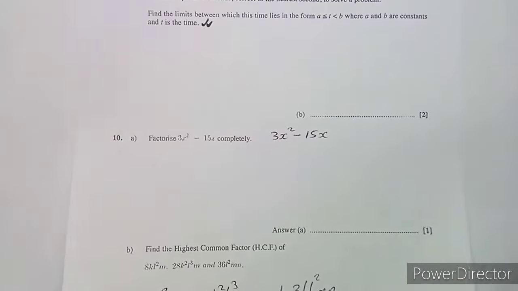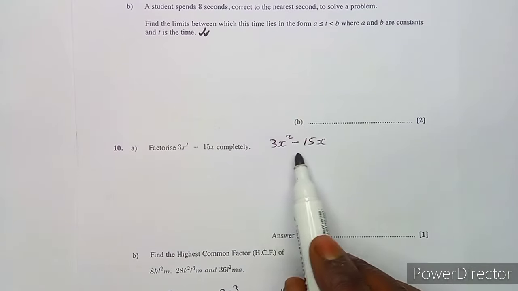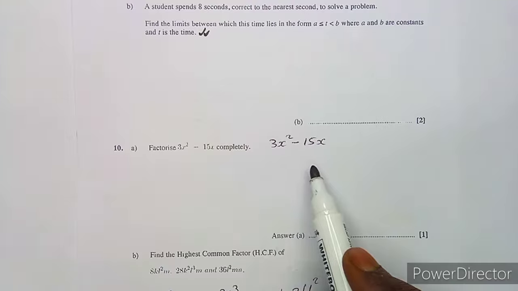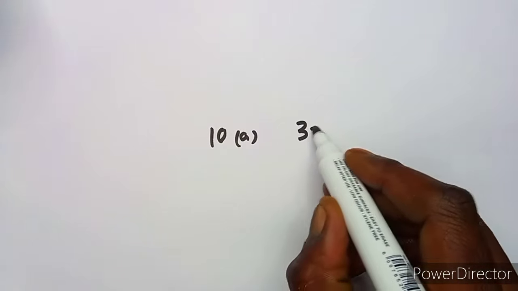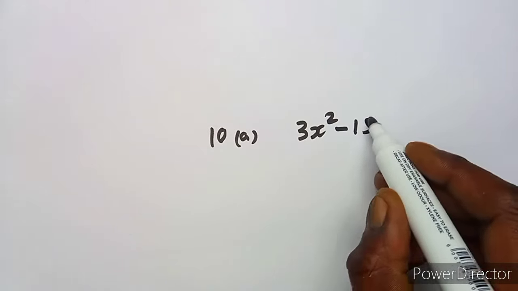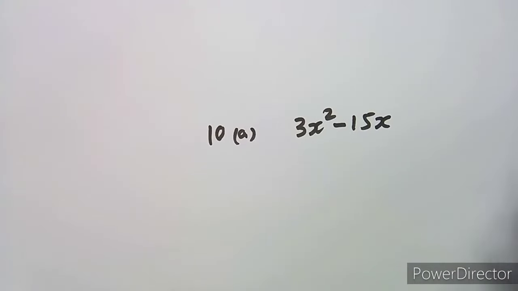Alright, so on question 10 there we have 10a, which is to factorize completely. This is actually 3x squared minus 15x. So how can we factorize such type of an expression, 3x squared minus 15x? So as you can see, guys, it's a matter of checking because we've got two terms.